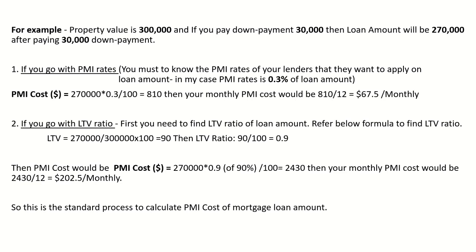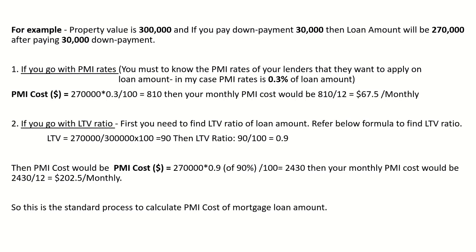If you go with PMI rates, you must know the PMI rate of your lender that they want to apply on the loan amount. In my case, the PMI rate is 0.3% of the loan amount. So I'm taking 0.3% as an example to show you.